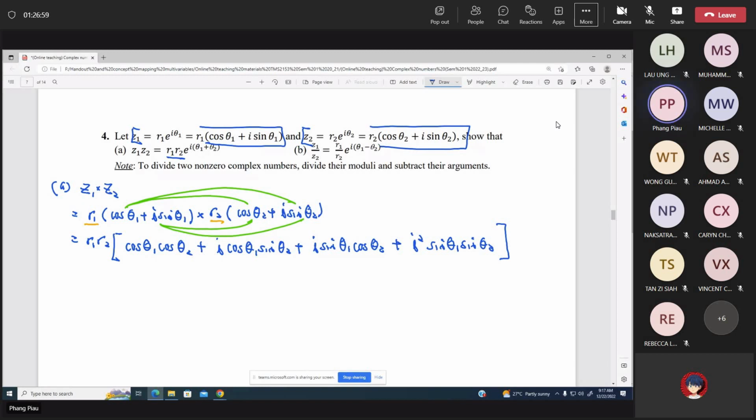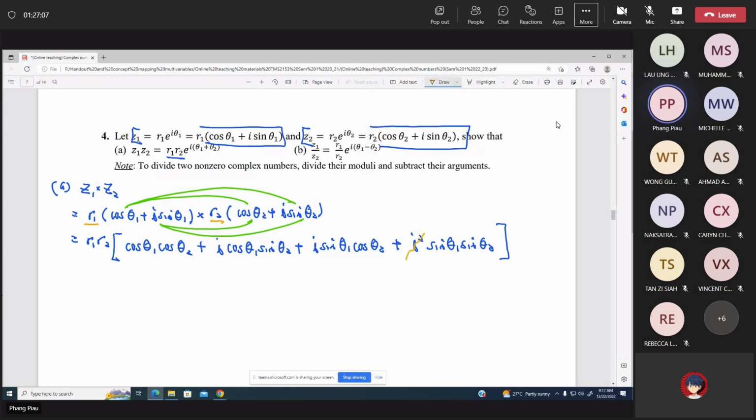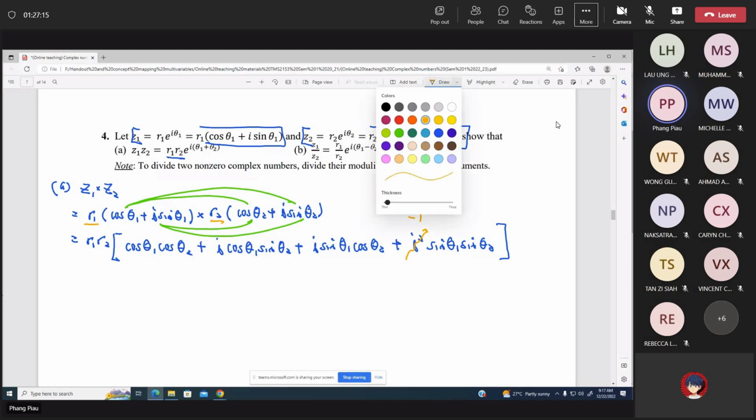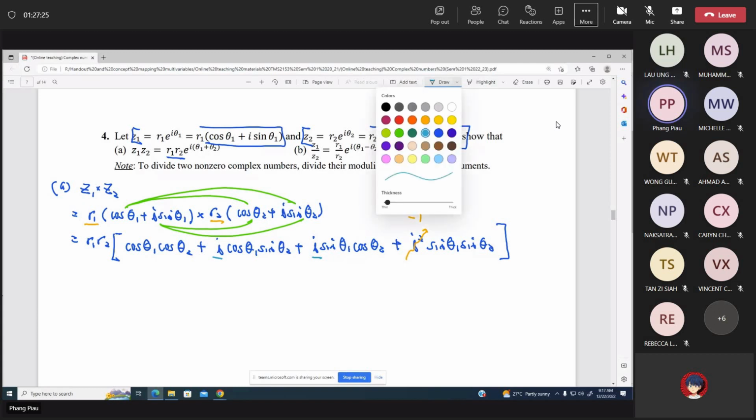Is it okay? Once you have this line, you should know that I squared is equal to -1, and here you have an I that you should factor out later on.